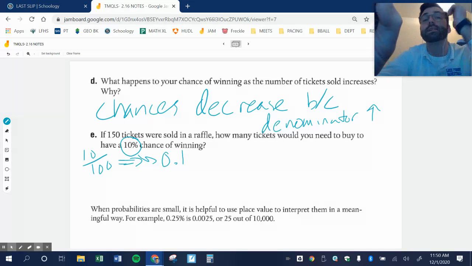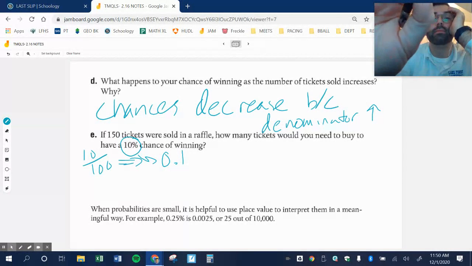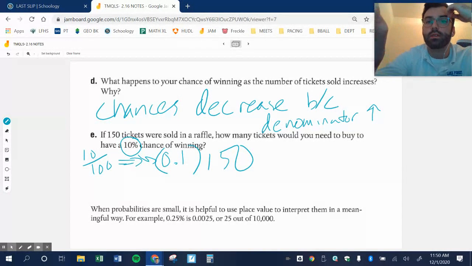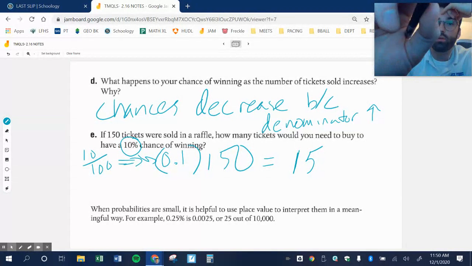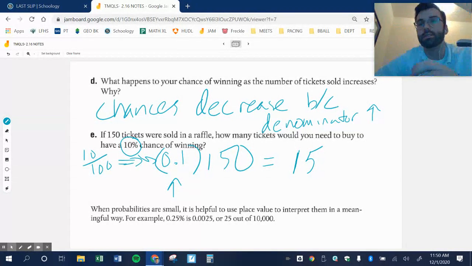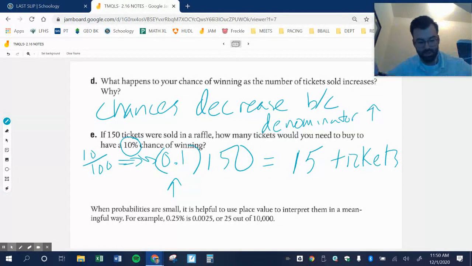Okay, so I'm going to take that 0.1 and I'm going to multiply it by 150 to get 15. All right. I could have also divided by 10, but I like to multiply by 0.1 because if I said you want to have a 33% chance of winning, okay, what would happen? I would do 0.33 here. All right. So I would have to buy 15 tickets to have a 10% chance.